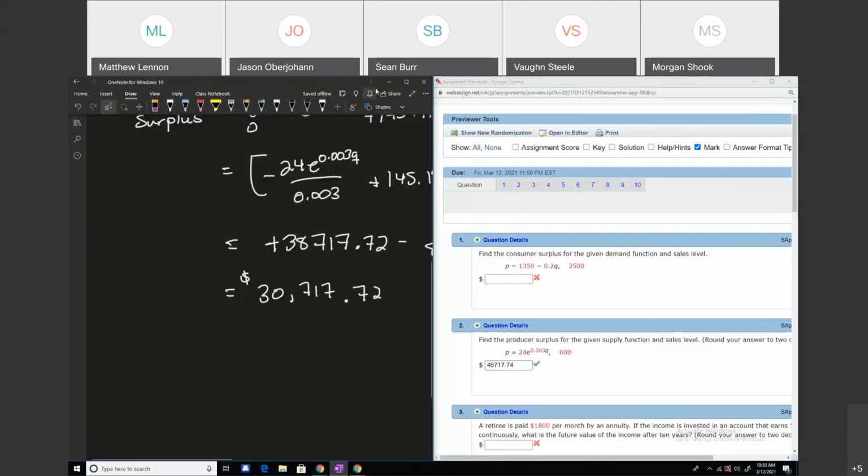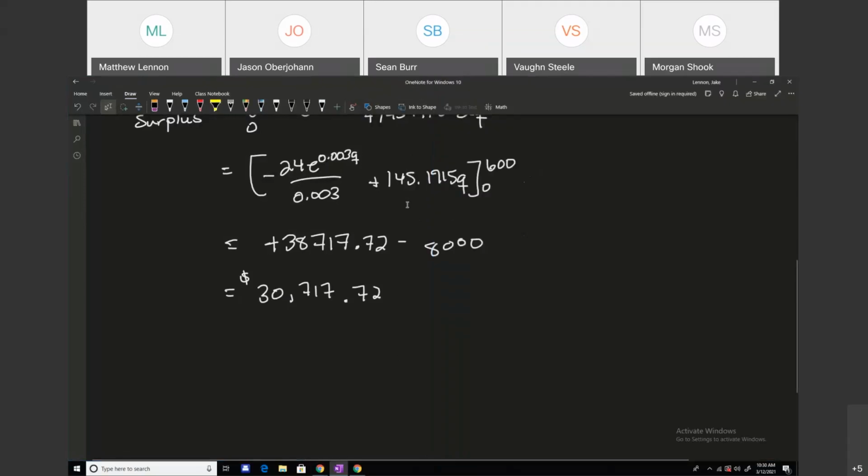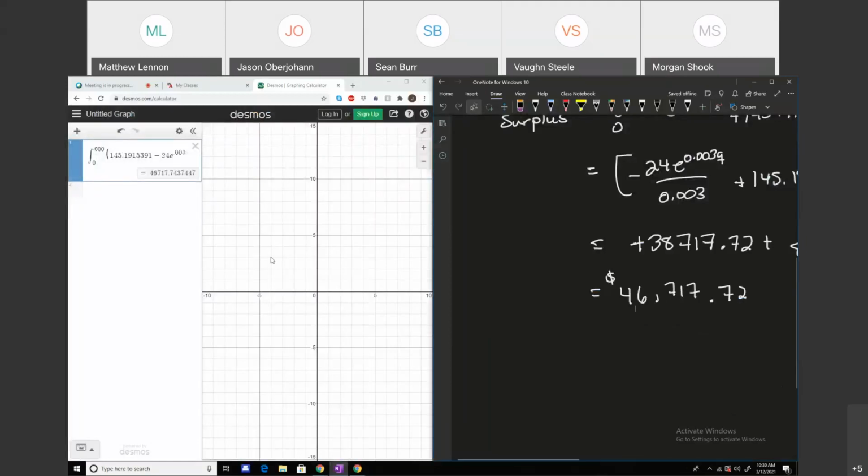But did I make a mistake in the integration somewhere? Yeah. So this should have been a plus. It was minus a negative, something like that. So if this is a plus, we get 46,717.74.